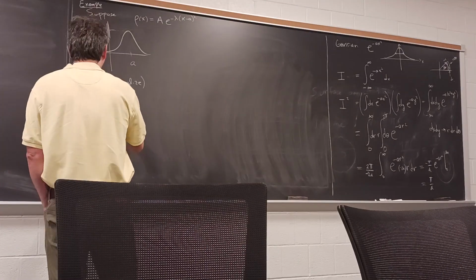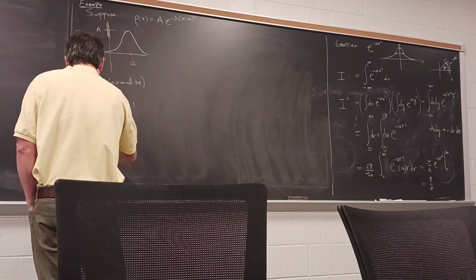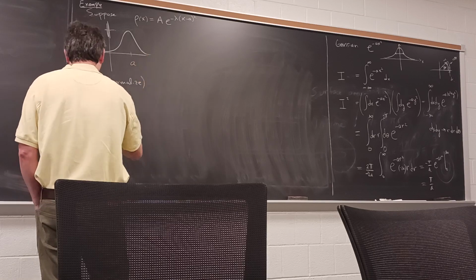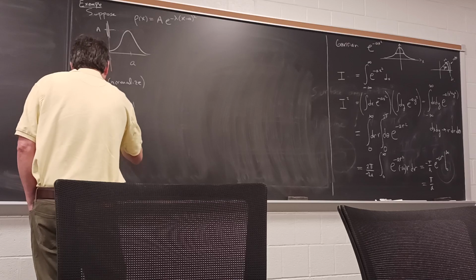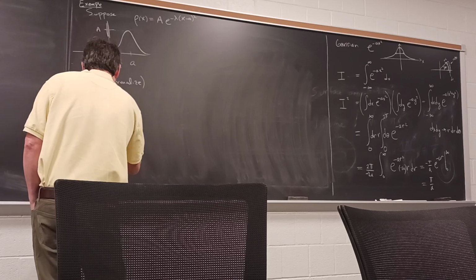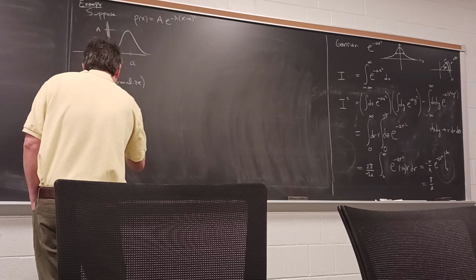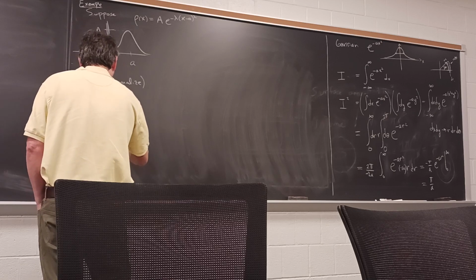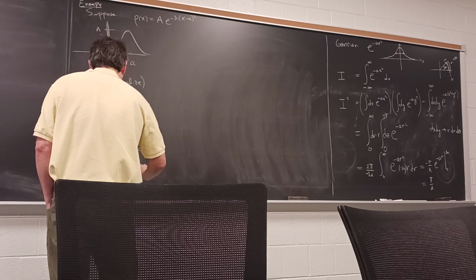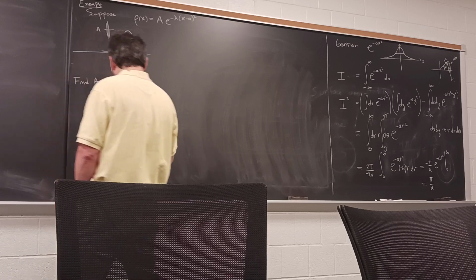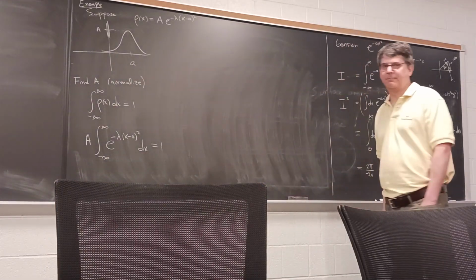So that means we have A times the integral from minus infinity to infinity of e to the minus lambda (x minus a) squared dx equals 1. So how do we do this integral where it's shifted?